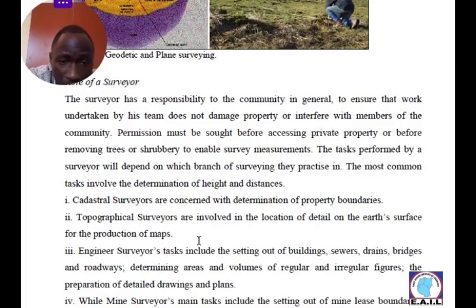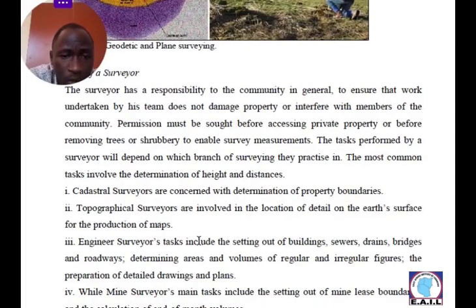Then topographical surveyors include the location of detailed information on the Earth's surface, for example the production of maps. They use the information obtained to design and produce different maps. Those are what we call topographical maps.